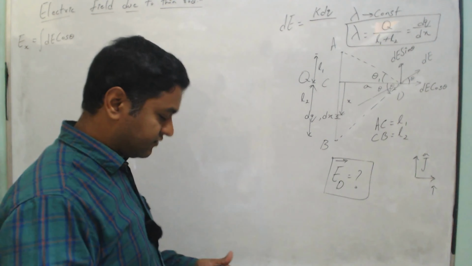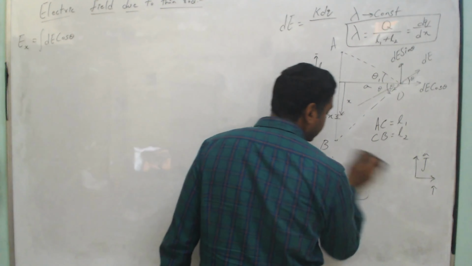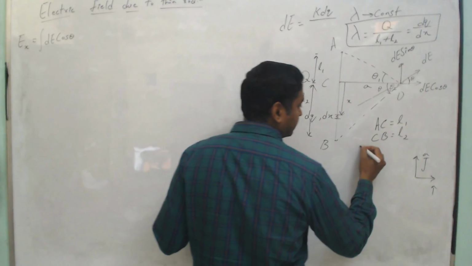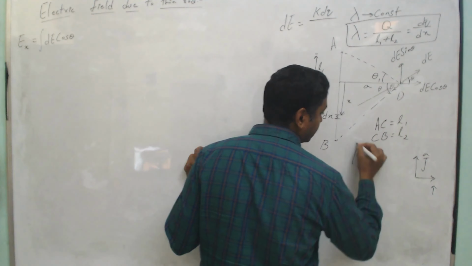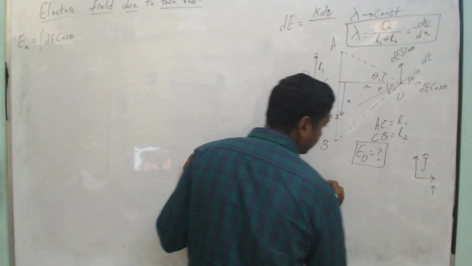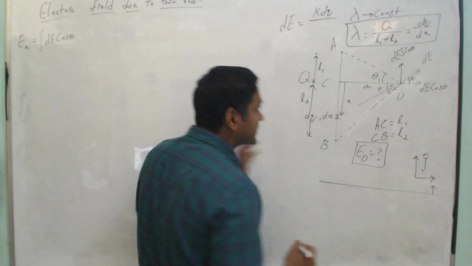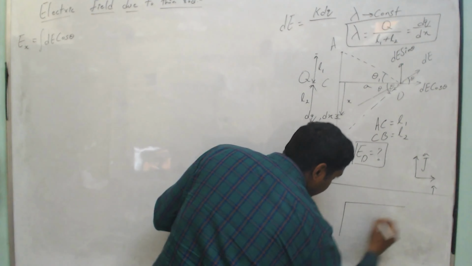I will draw the triangle because anyways we will use the triangle in future also. Here we need to find what is the electric field at point D. So how will the triangle come? Horizontal line, vertical line, and the line joining.